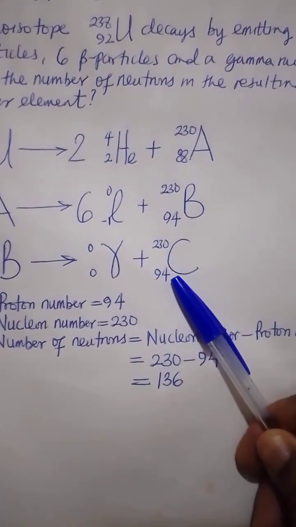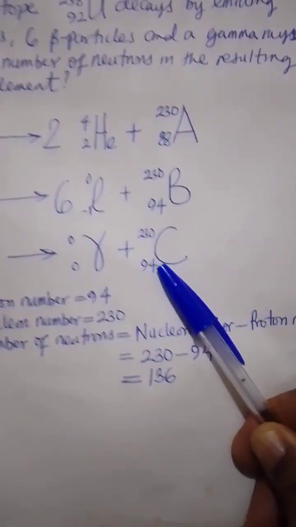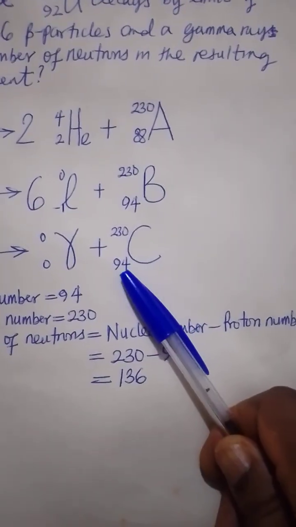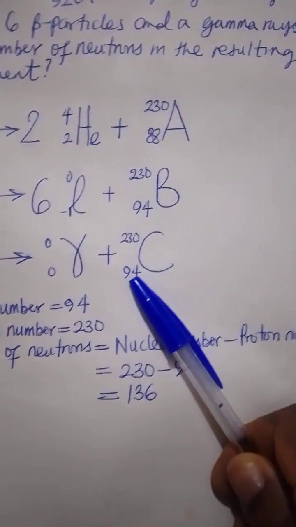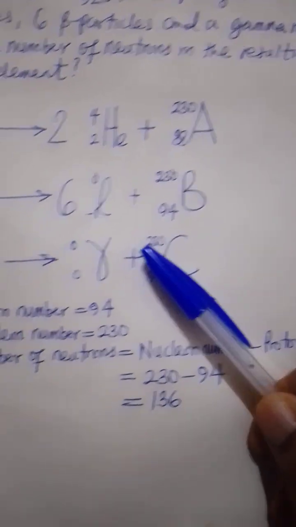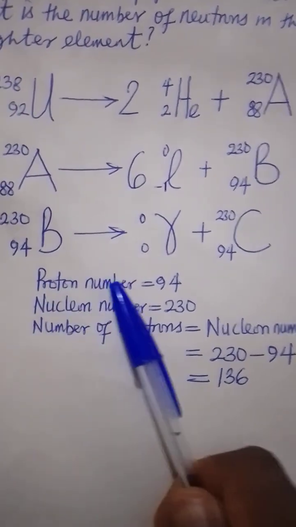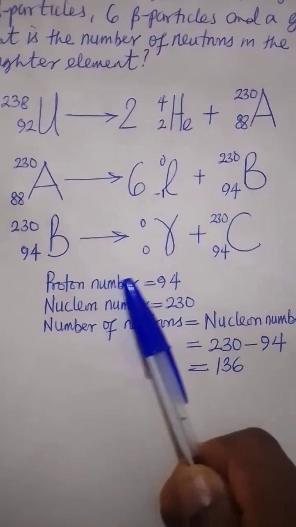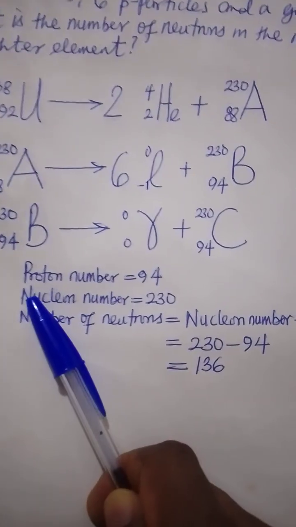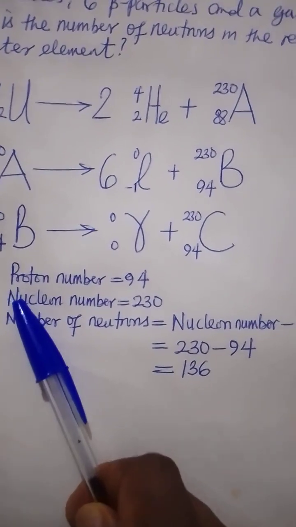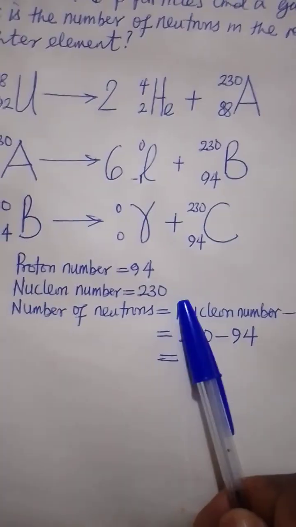Now, the final daughter element has atomic number 94 and nuclear number 230. So your proton number, which is otherwise known as atomic number, is 94. Your nuclear number, otherwise known as mass number, is 230.